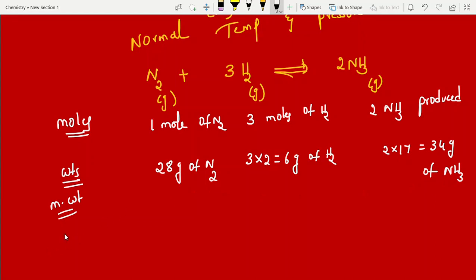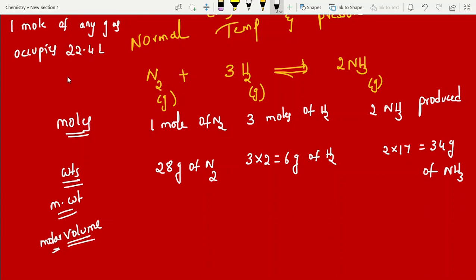Suppose you are expressing in terms of molar volumes, how to express? See, 1 mole of any gas occupies 22.4 liters, or 22.4 dm cube, or else 22,400 ml, that is centimeter cube, can also be expressed.